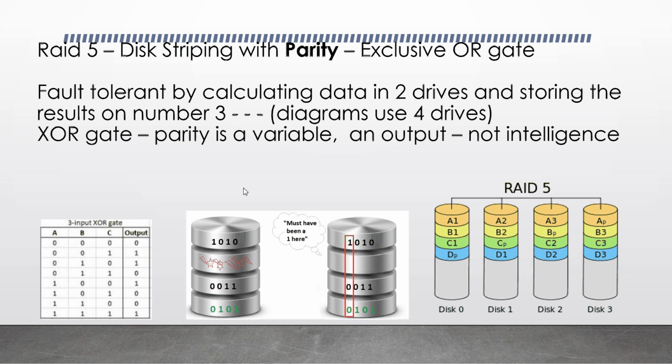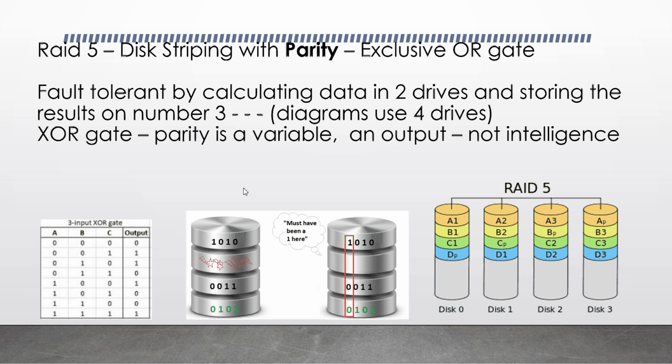It's as if the result is an XOR gate. Parity is a variable and output, not intelligence. So again, the parity, or the answer to the equation, is simply a logical result of the XOR.